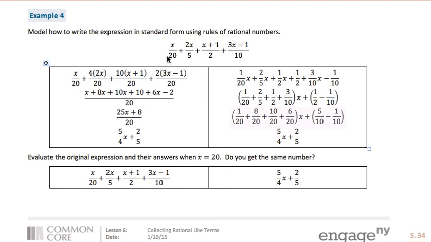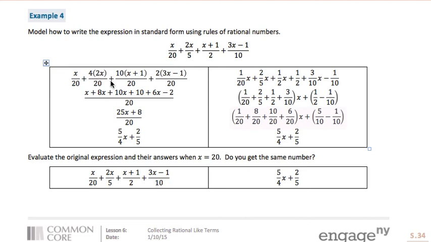So the first thing that we would do is to change all of our denominators to 20. And in doing so, we'll have to change the numerators as well. So x over 20 is our first term, nothing needed to change. In the second term, we had 2x over 5. In order to have a 20 in the denominator, we'll need to multiply both the numerator and denominator by 4. We end up with 20 in the denominator, and in the numerator we have 4 times 2x.